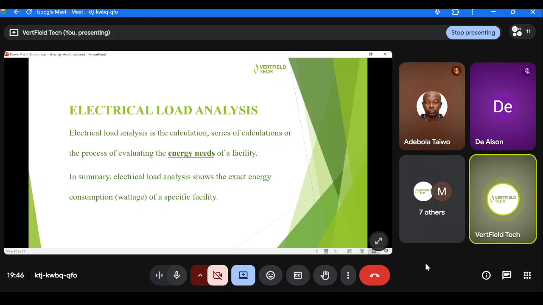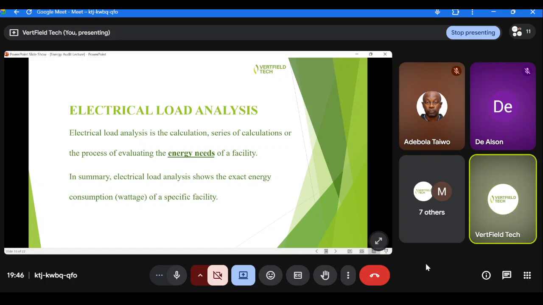So we will now talk about the deal of the day. We'll be talking about electrical load analysis. Electrical load analysis is a series of calculations or processes of evaluating the energy needs of a facility. Now remember when we introduced energy audit and we said it helps us to know the energy need of a facility, but we didn't talk about how we are going to achieve knowing the energy need of a facility.